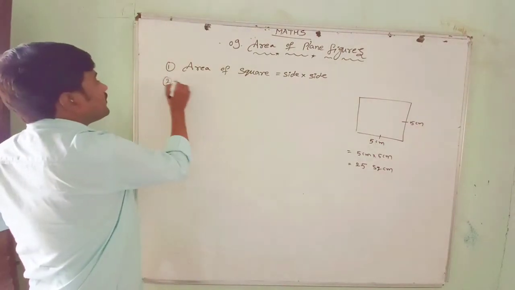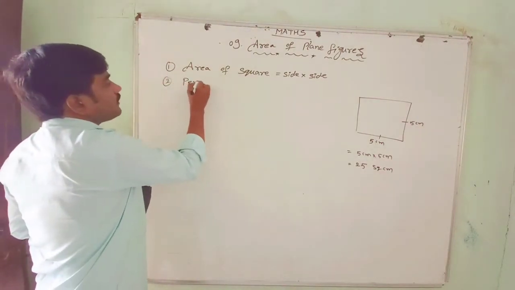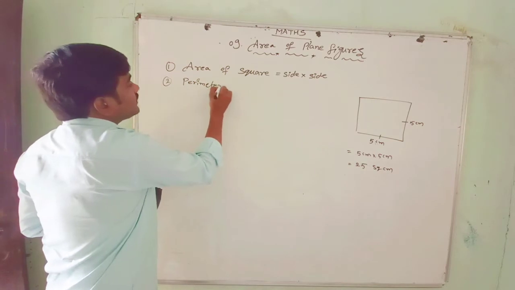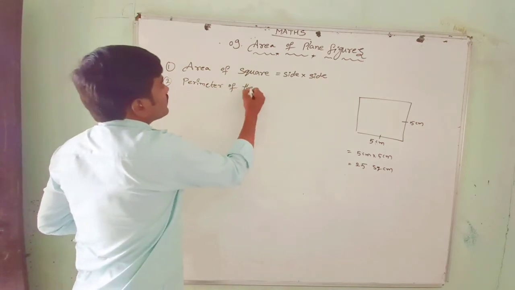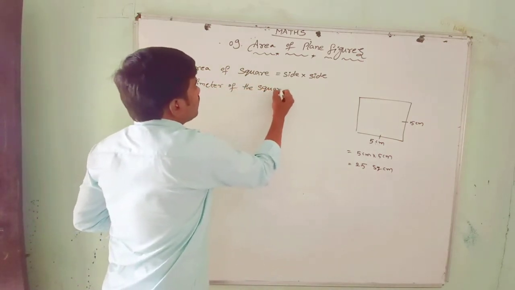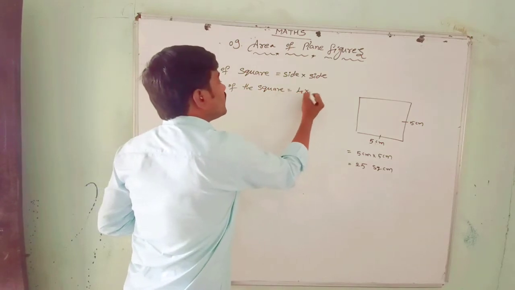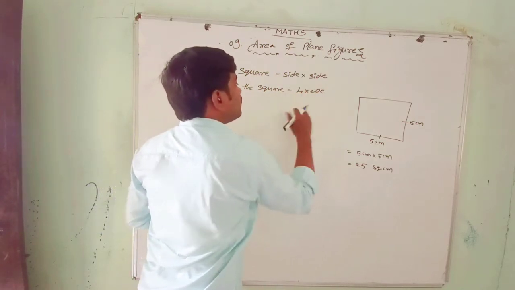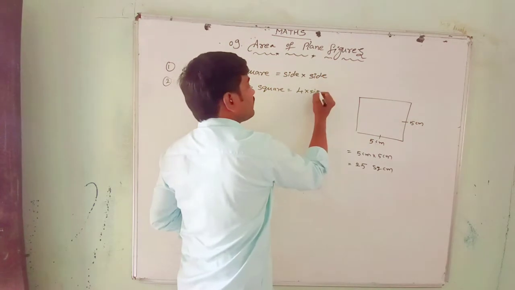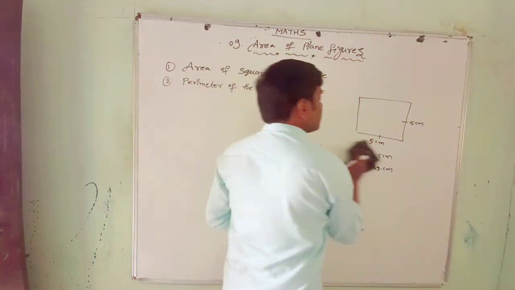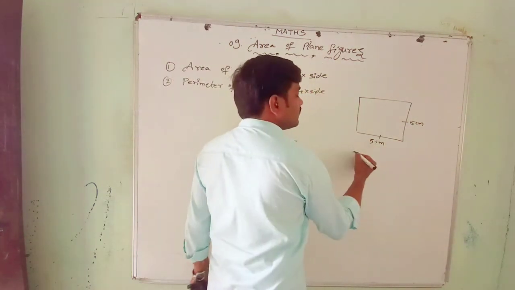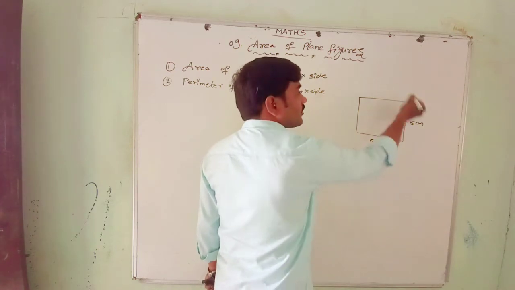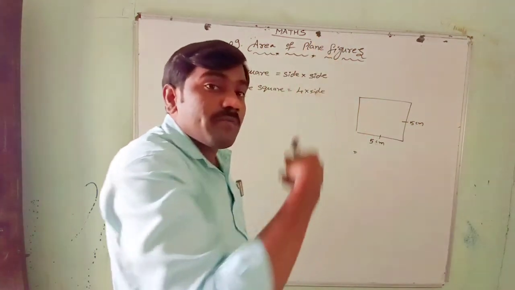Let me go for the perimeter of the square. The perimeter of the square is 4 into side. Perimeter means the sum of all the sides.